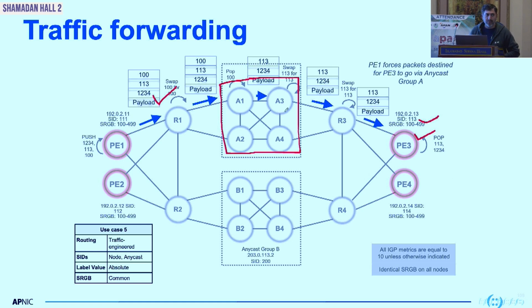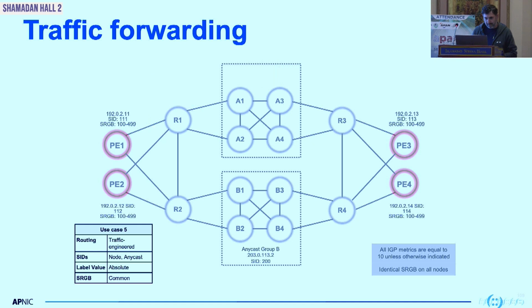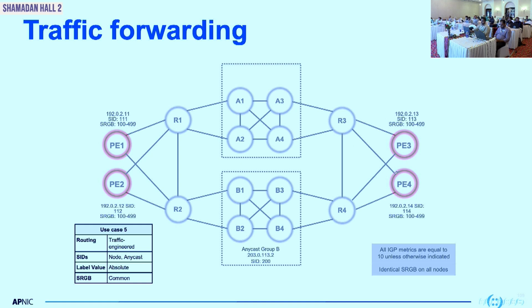Another use case could be where we have another CE here, this is our CE router, maybe C2, and we have another router here which is CE1.